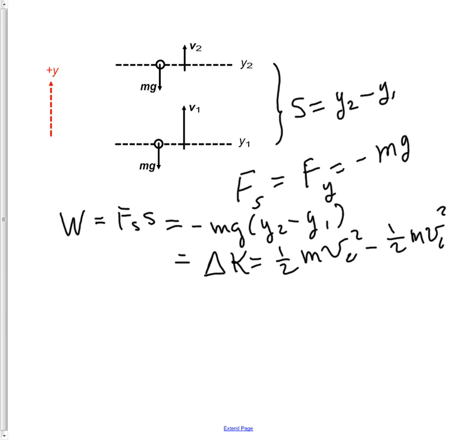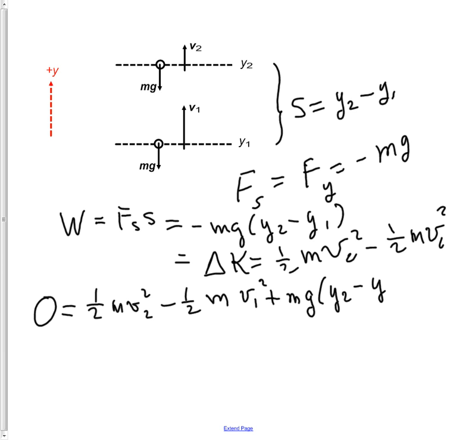And so now I rewrite this as 0 is equal to 1/2 mv2 squared minus 1/2 mv1 squared plus mg times y2 minus y1.